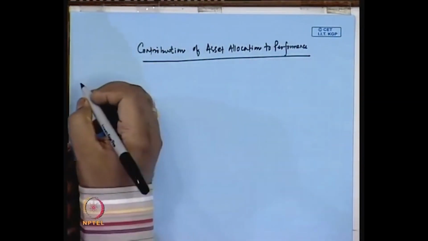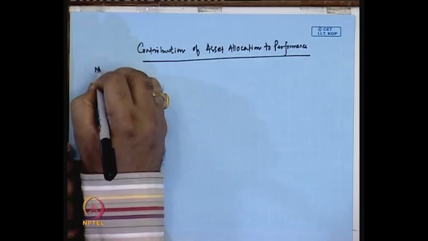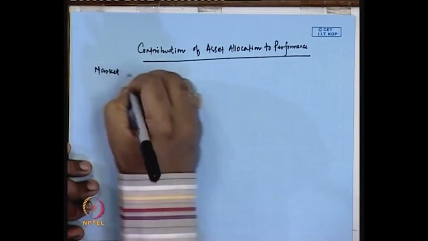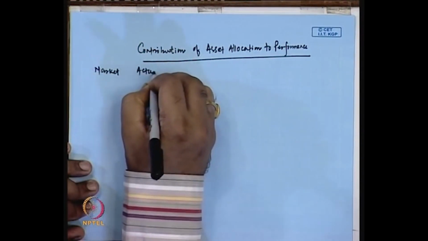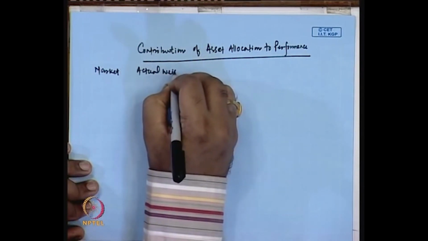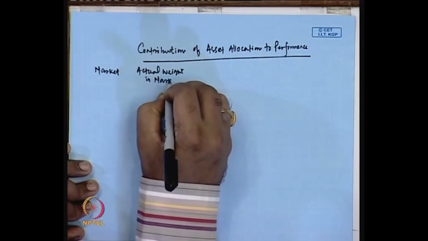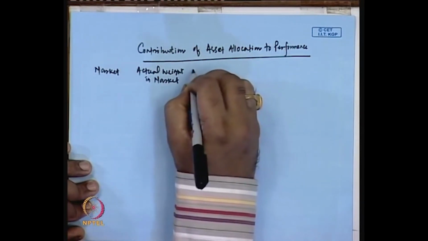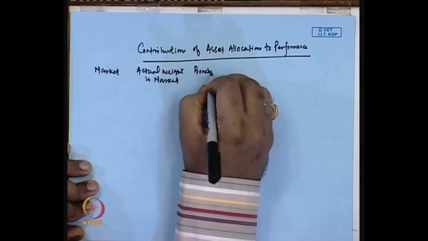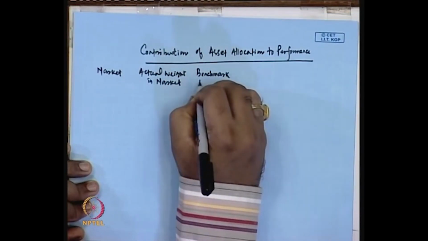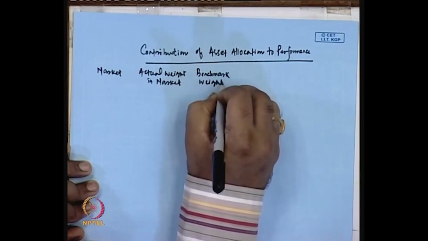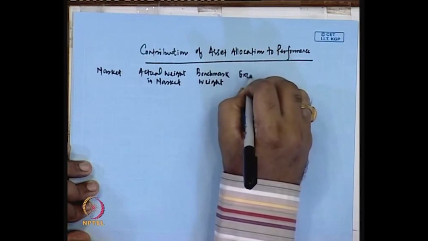Here we have the market, the actual weight in the market, whatever way you have invested, the benchmark weight, and the excess weight.